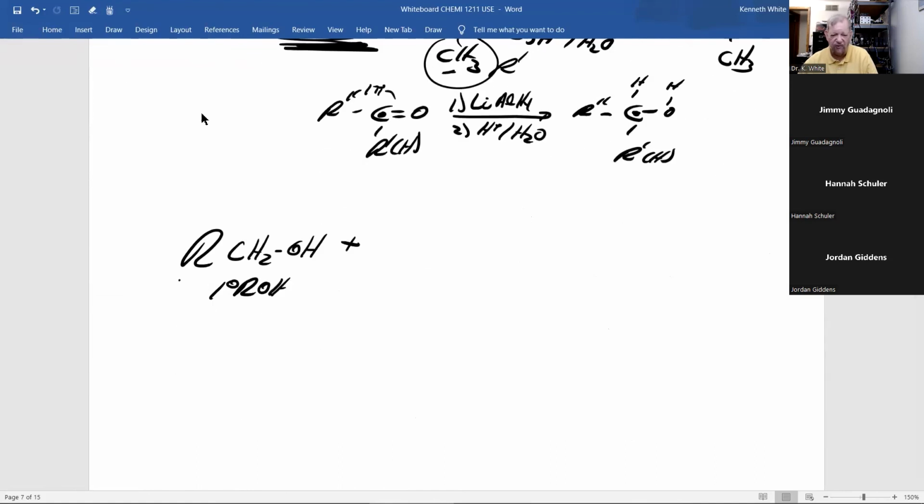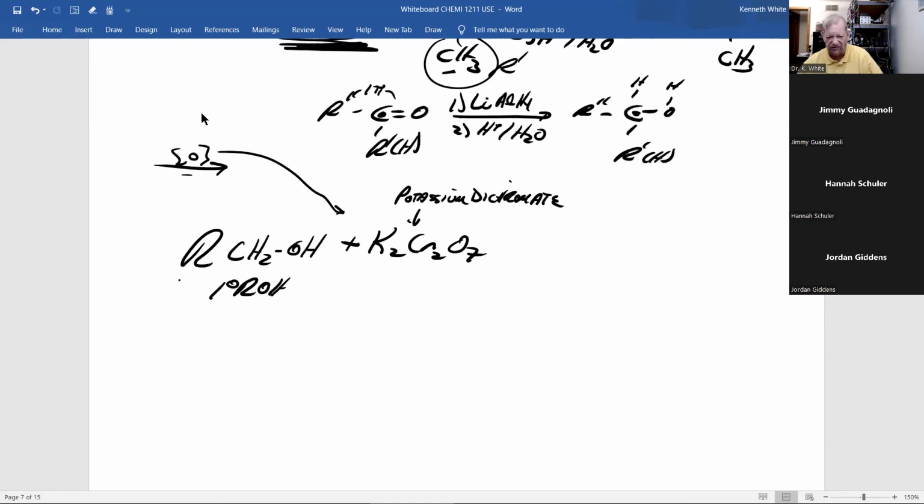If you react it with this, potassium dichromate, and remember, you've seen me write on top of an arrow, bracket O, close bracket. Well, this is one of the reagents you'd use to do this. If you have a primary alcohol, you will oxidize this to an aldehyde.